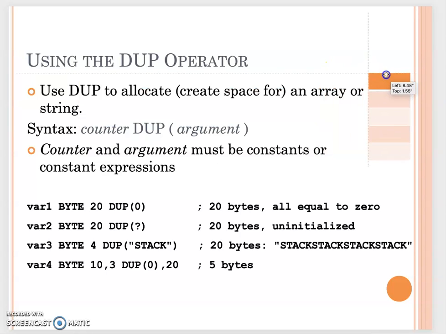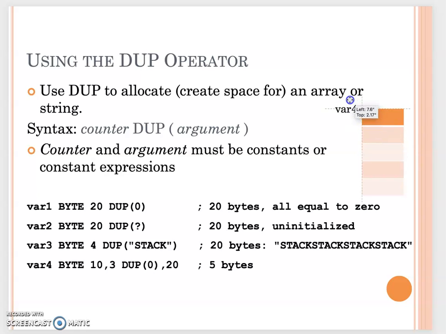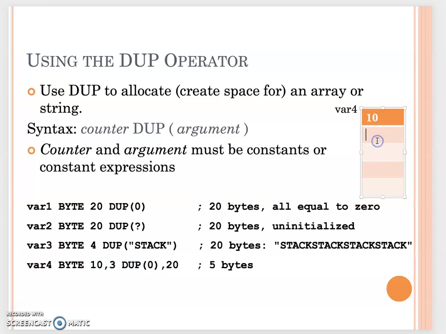We call that val4. Val4 points to the beginning of the location. That's why you see 10, then you have 3 zeros, just followed by 3 zeros, and then you have 20.